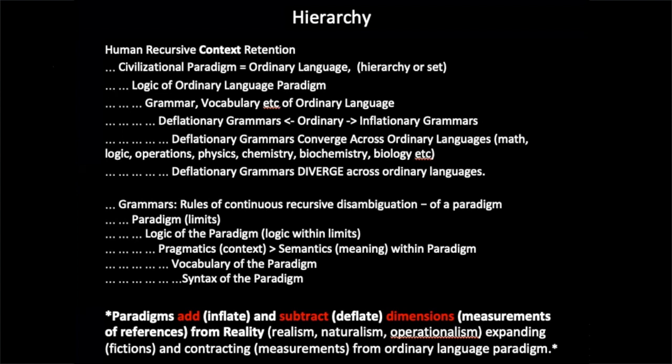So I'm going to ask you to disambiguate here a little bit regarding the grammars. I'm just going to restate it so that you are certain that I understand. The deflationary grammars appear to be scientific, reality based, which is to say, correspondent to natural law, as opposed to inflationary grammars, which are fictions.